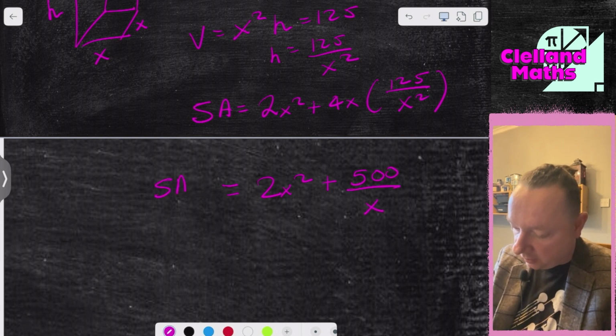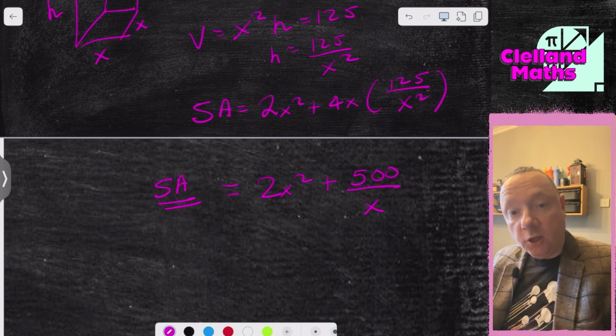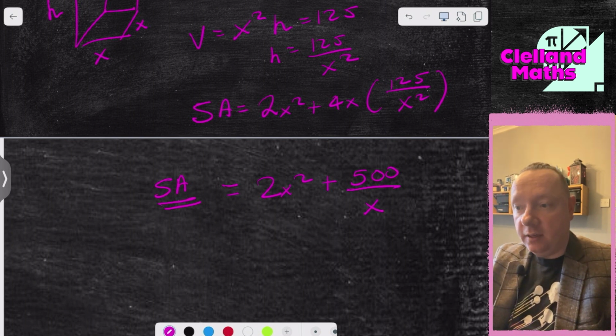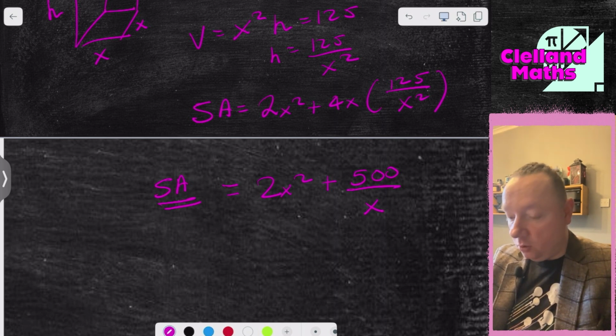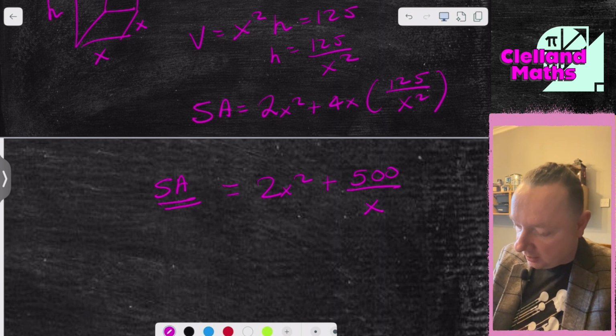So that's my surface area. But usually it says show that that is the surface area, so don't worry if you can't quite get there, because you'll have a part B which then says minimize. So let's call that surface area A for the sake of it.